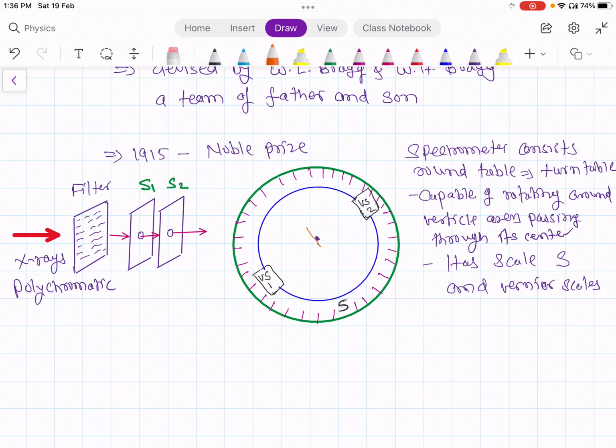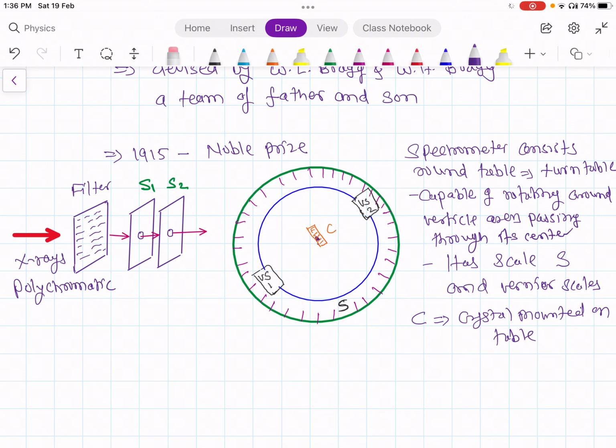At this point, this is the C, and C is the crystal mounted on the table, that is the turntable.